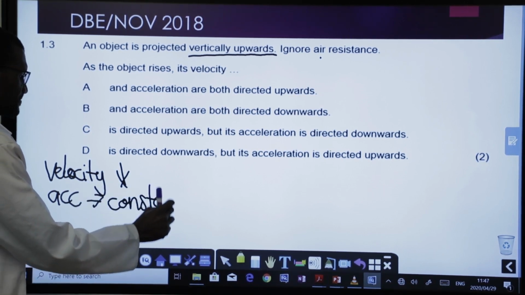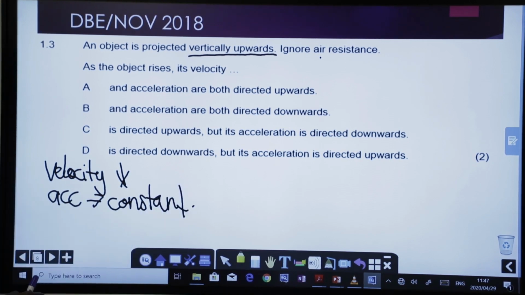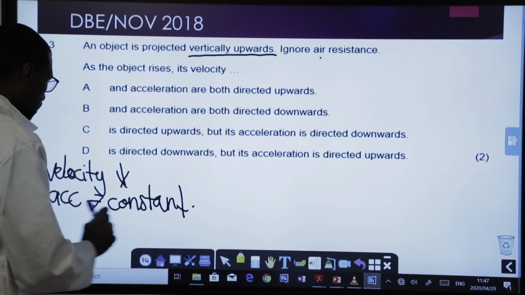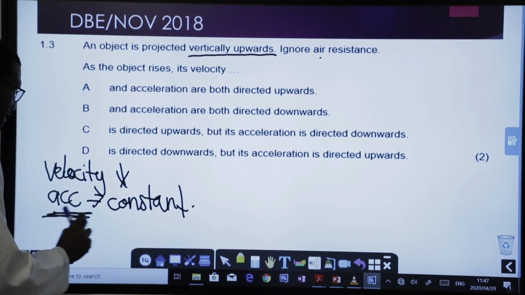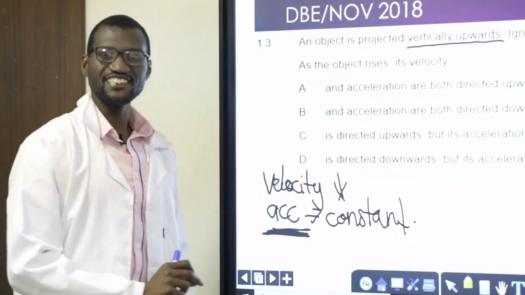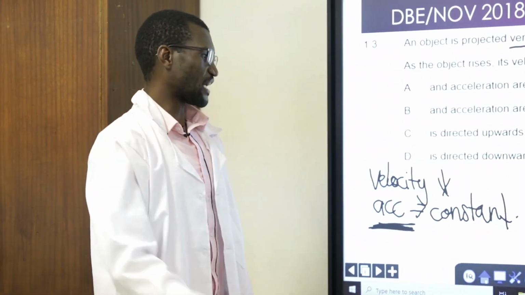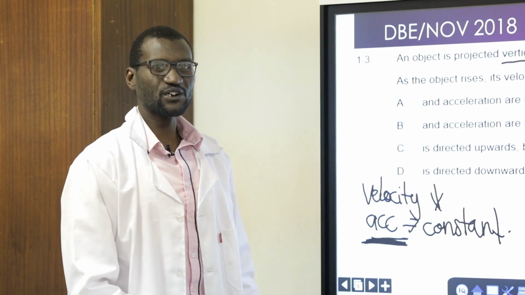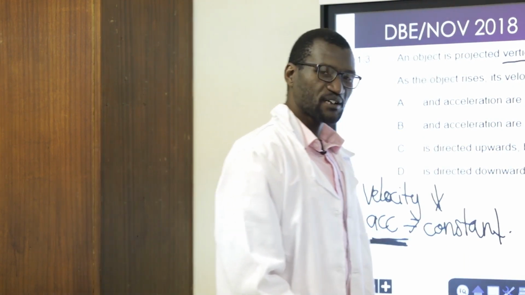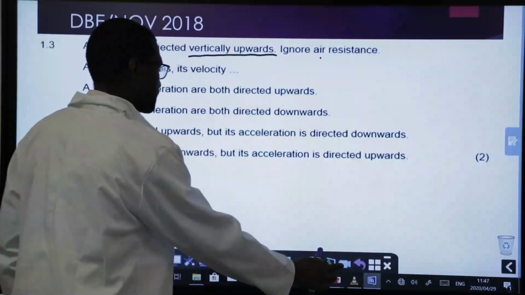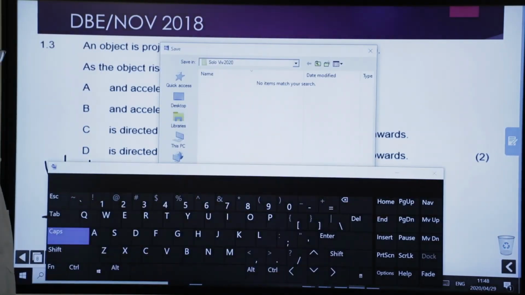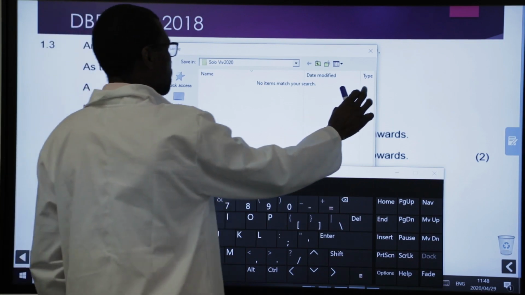It is the same, the acceleration due to gravity, and it's always working downwards. So which one is our answer there? Look at the question once again, think about it, and consider it for your answer.